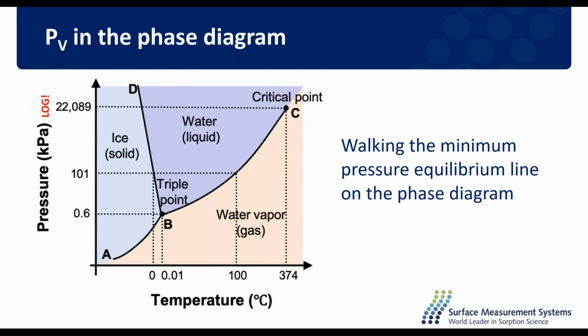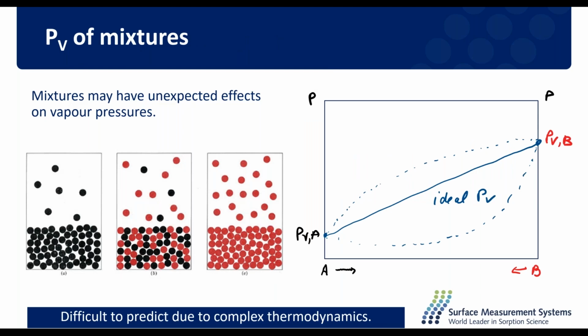This complete landscape is not easy to generate or to predict due to the pressure values involved, from thousands of bar to 10 to the minus 11 bar. And something that also introduces a lot of complexity is the vapor pressure of mixtures.